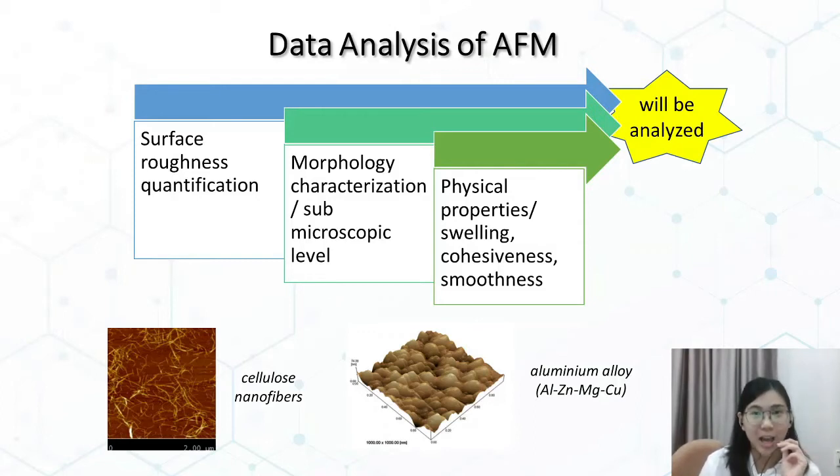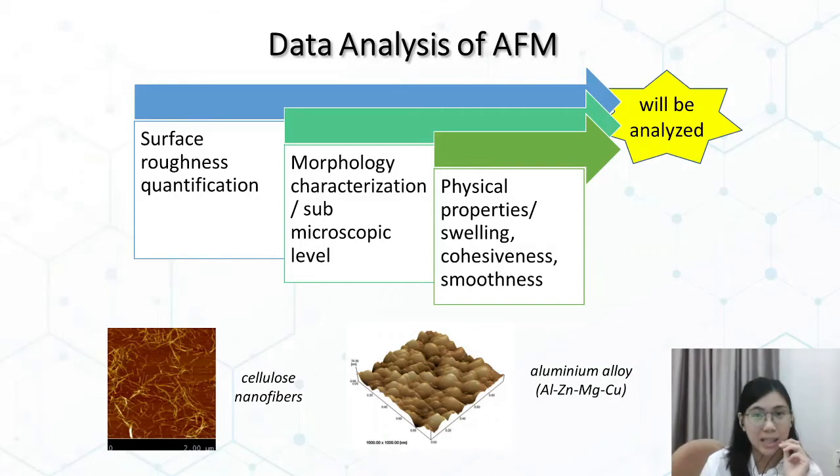Additionally, advanced modes of AFM measurements allow for the qualitative mapping of various other physical properties such as adhesion, modulus, dissipation distribution, conductivity, surface potential, electric field, and magnetic domains.